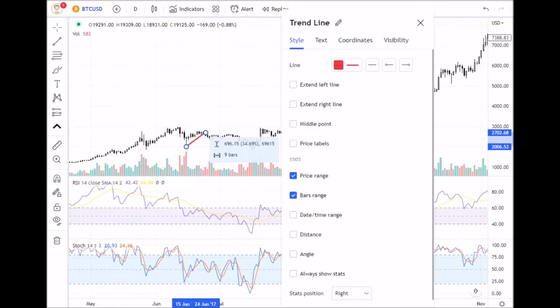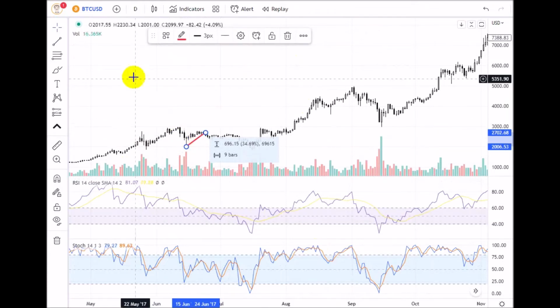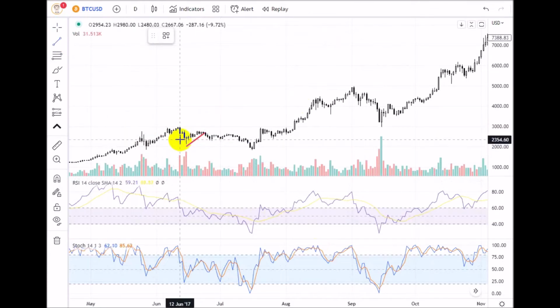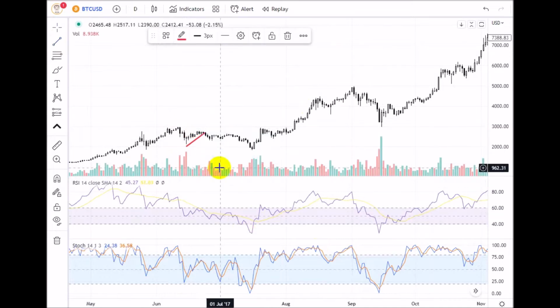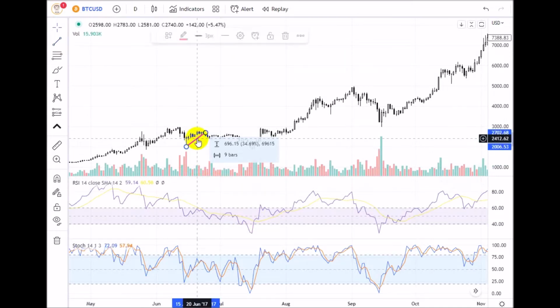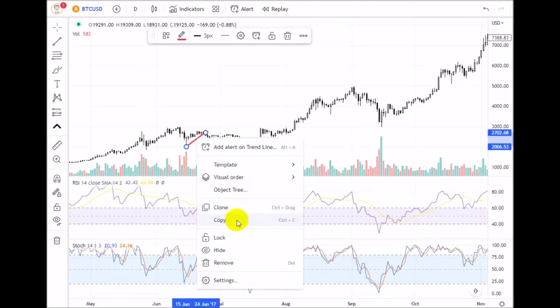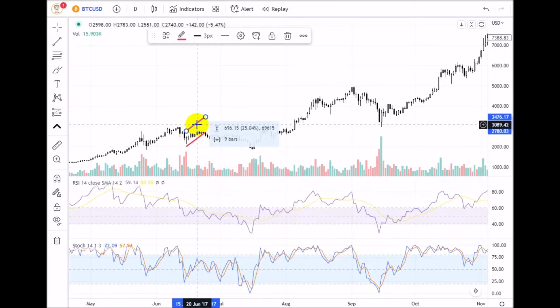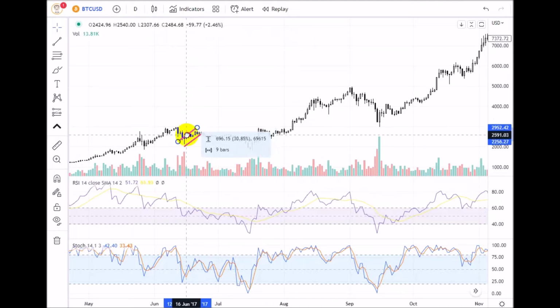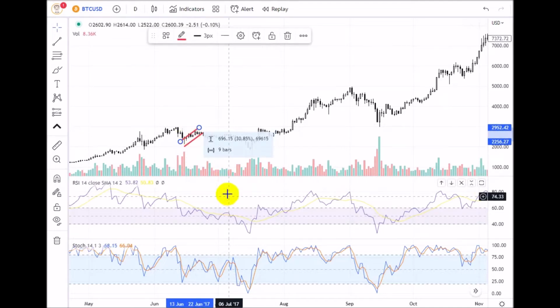And what we've got now is a sideways flagging formation that normally comes after a fairly substantial downturn. Let me get rid of this and duplicate this. Clone. TradingView is very good for drawing and showing you what's going on in the chart.